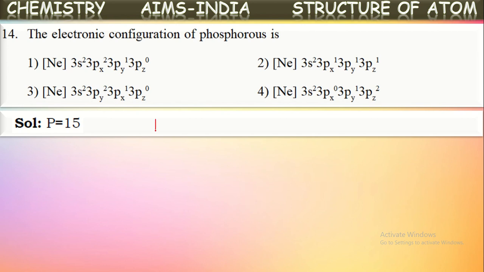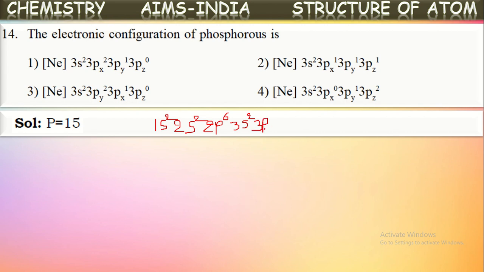So first we start with the first energy level, 1s2, 2s2, next 2p6, then 3s2. How many electrons are finished? 2 plus 2, 4 plus 6, 10, 10 plus 2, 12. Totally 15 electrons are there, so 3 more electrons are there. Those will be entered into the 3p subshell.